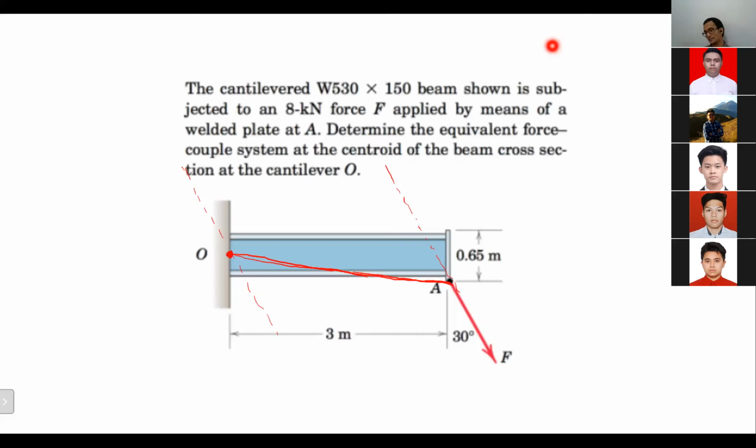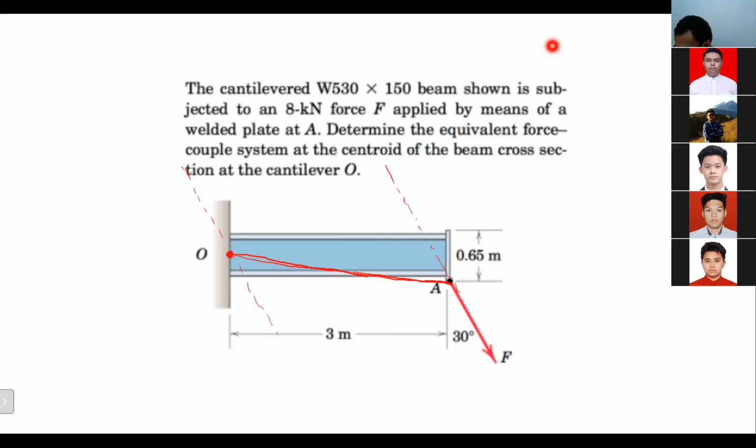Okay. Now, what else are we supposed to do? Find the distance between O and A. Perpendicular distance. Actually, we can find the distance already, right?